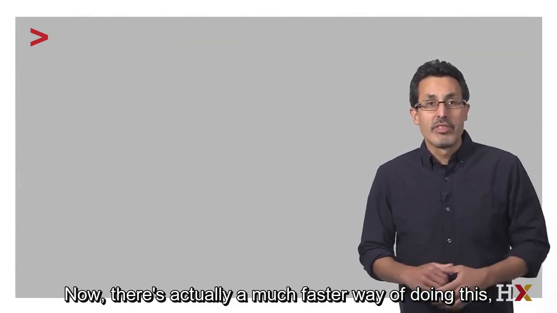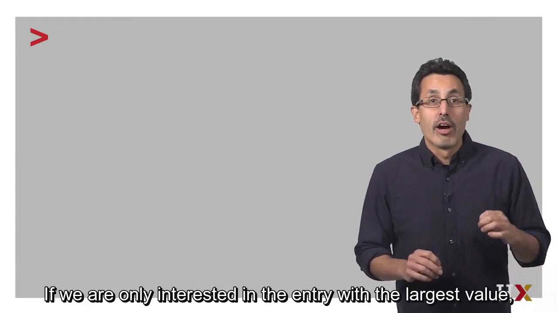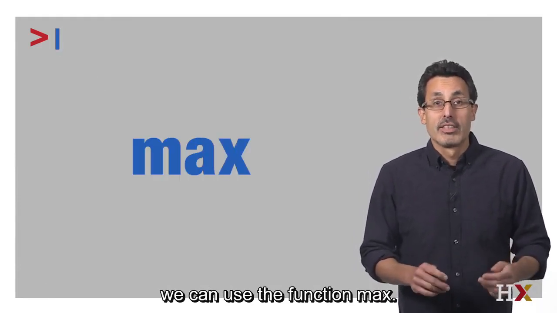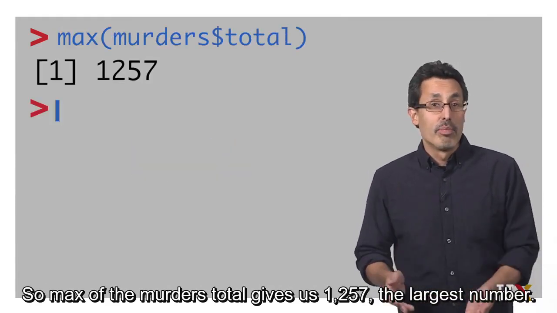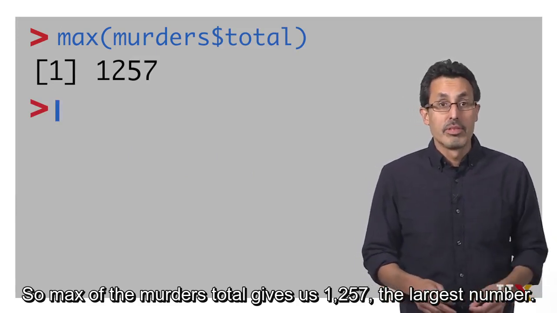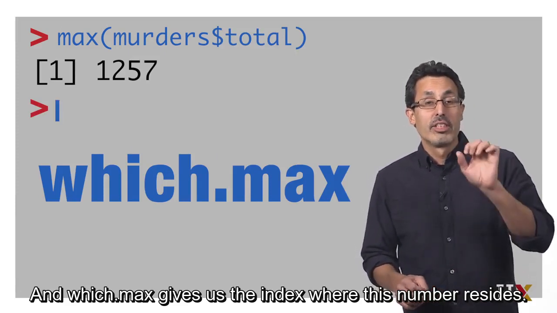Now, there's actually a much faster way of doing this, of getting the biggest or the smallest. If we are only interested in the entry with the largest value, we can use the function max. So max of the murders total gives us 1,257, the largest number. And which.max gives us the index where this number resides.